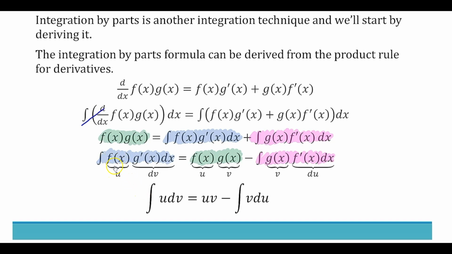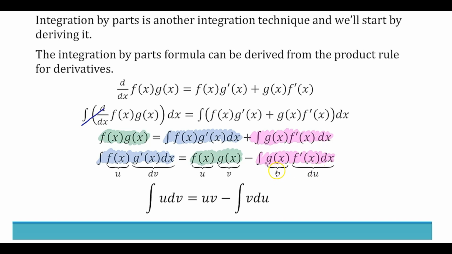So what we do is we say let f of x be u and g prime of x dx be dv, since this represents a derivative. So the formula that we're used to is that the integral of u dv is equal to u times v. So g of x would be the antiderivative of g prime of x, so that's why it's v, and then minus the integral of v du.